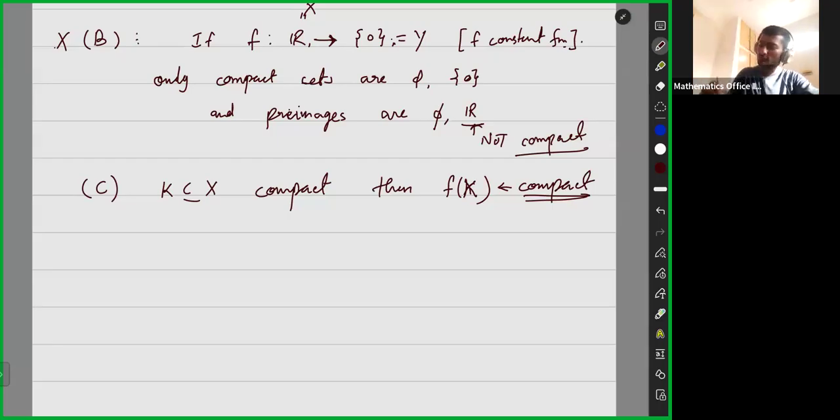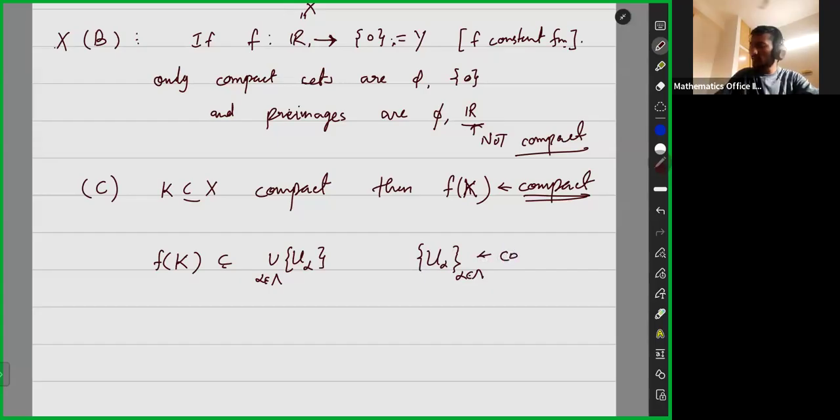Let me go prove this. Let f(K) be covered by the union of U_alpha, alpha belonging to some indexing set. This is an open cover of f(K).